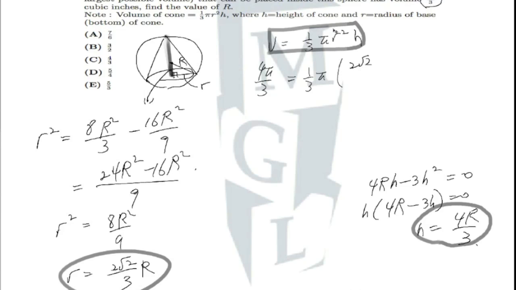Actually, it's r squared here, so we can just plug that in directly instead of squaring it after. So let's just replace the entire r squared with 8R squared over 9 and h with 4R over 3. Okay, so pi over 3 gets reduced because if you just multiply both sides by 3 over pi, those are gone.